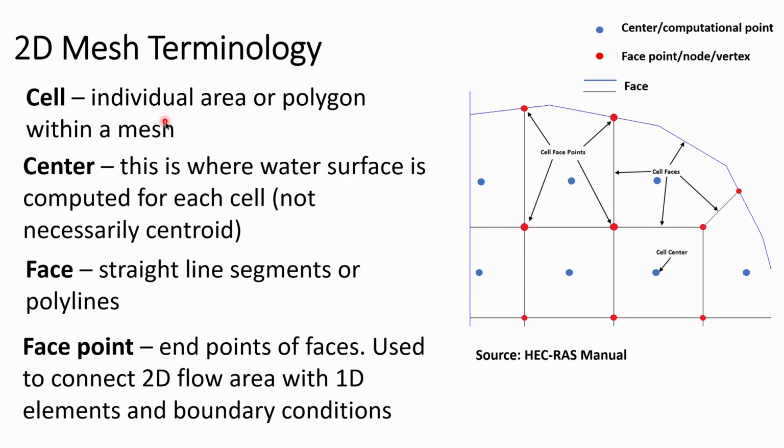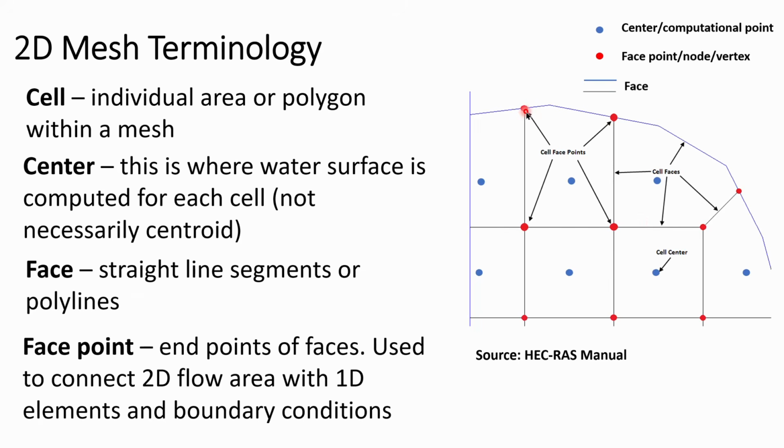And then you see these blue dots, so these are the center of each cell, and they are not necessarily the centroid of each polygon. If the polygon is a perfect square, which is what you see here, this can be the centroid, but for other polygons they are not the centroid. Again, just remember that each cell is going to have a center, and that is where the water surface elevation is calculated.